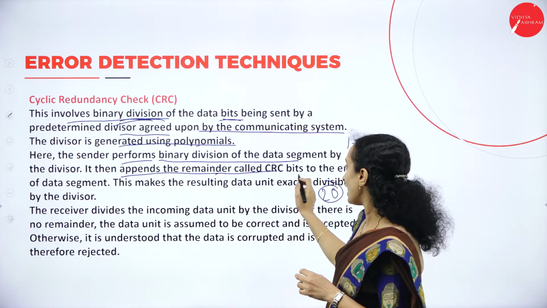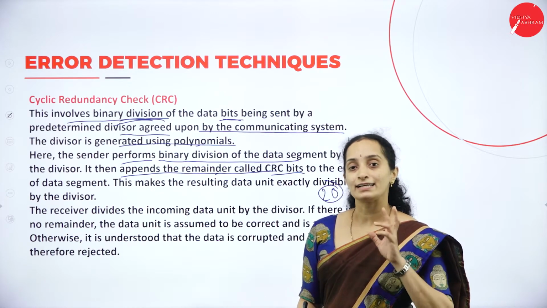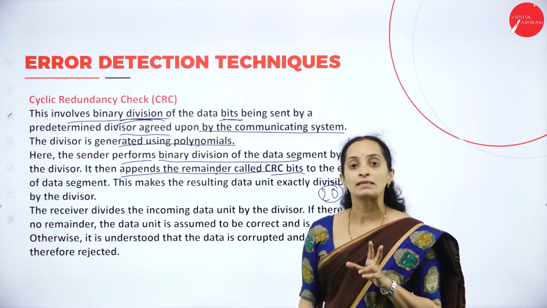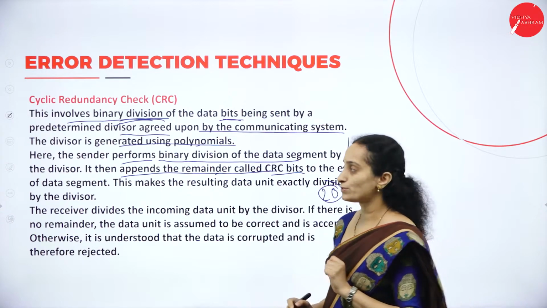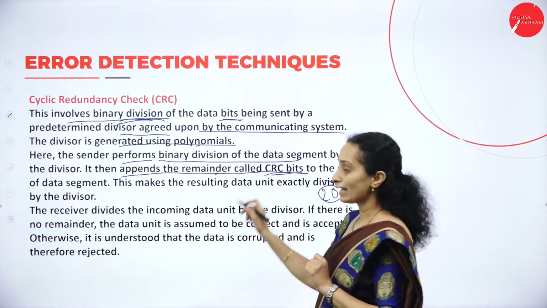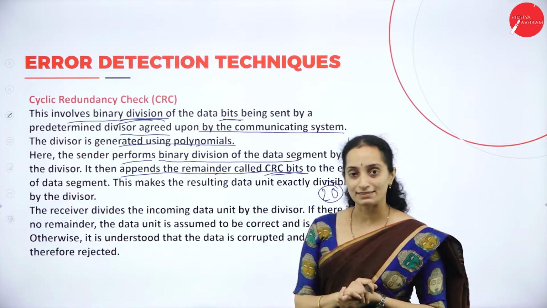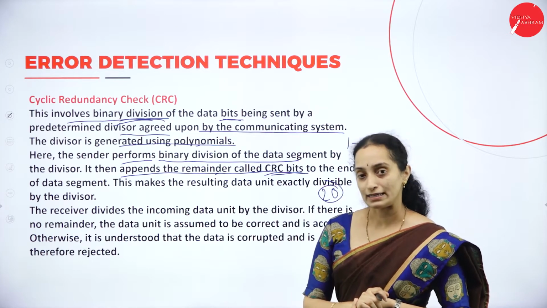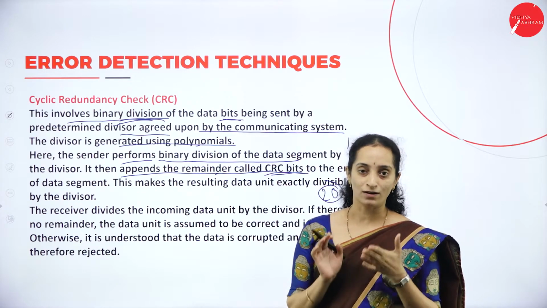It is generally called the cyclic redundancy check bits, or CRC bits. These CRC bits help the receiver identify whether there is any remainder in the division operation.